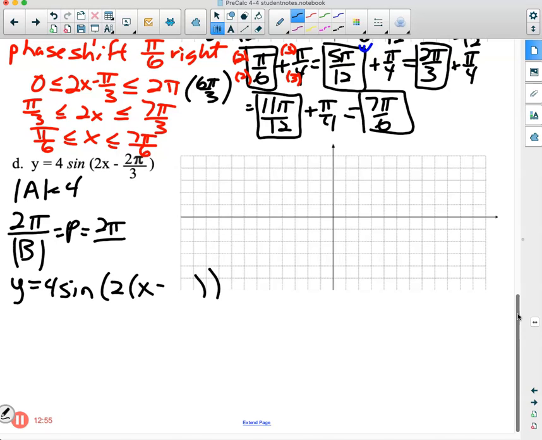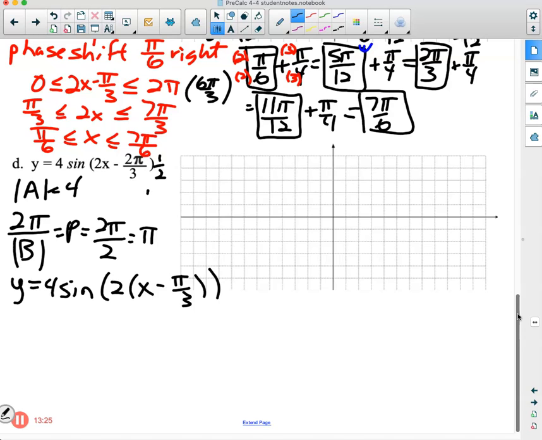So again, think of factoring out that 2 as if it were dividing by 2, which is multiplying by 1/2. So this would be, the 2's would cancel, we'd get a pi over 3 up there. And you could distribute it to make sure it's going to work. This would definitely be 2x minus 2 pi over 3 when we put that all together. All right, so 2 pi over 2. Once again, we get pi for the period.